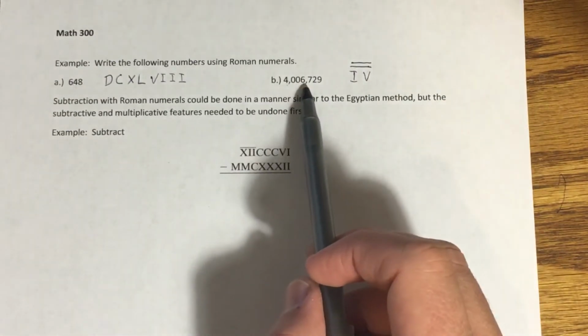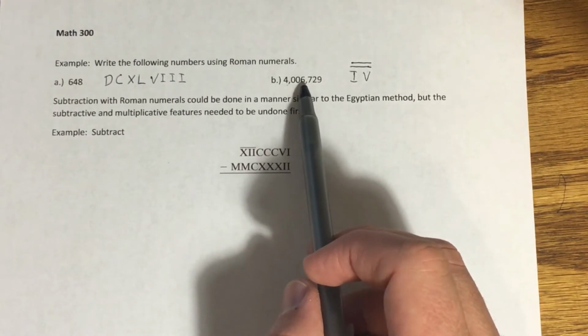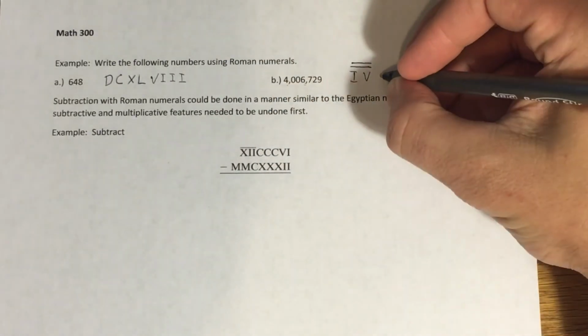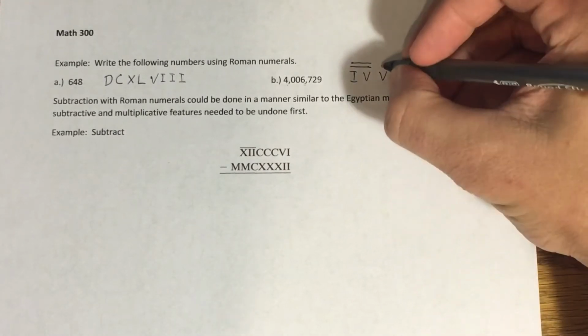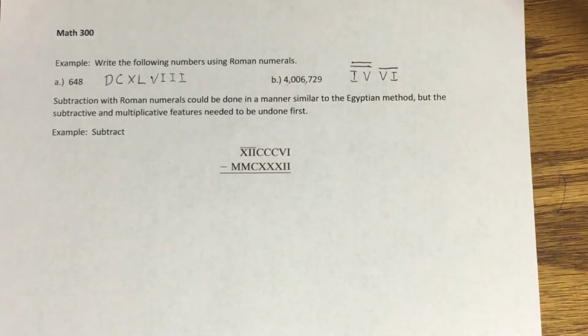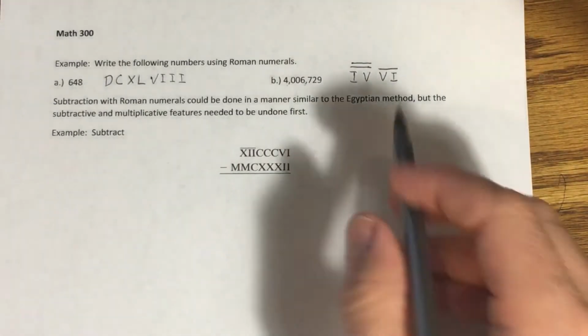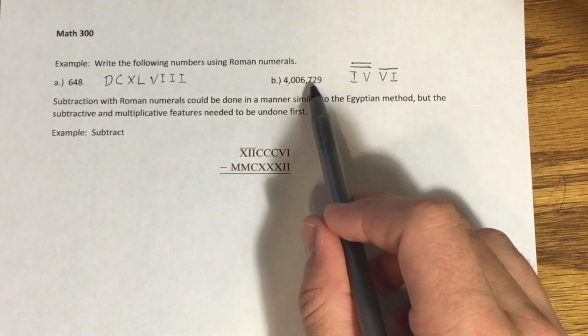So how can I use my multiplicative feature here? Well, let's think about what the number 6 looks like. The number 6 is 5 and 1. And then my multiplicative feature says that a single bar over that would represent multiplication by 1,000. So now we have 4,006,000. Let's get the rest of the number out.